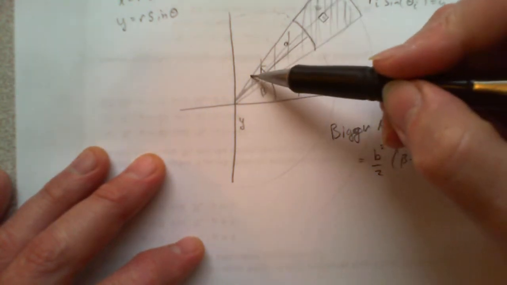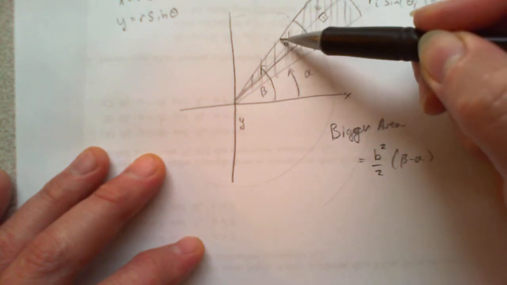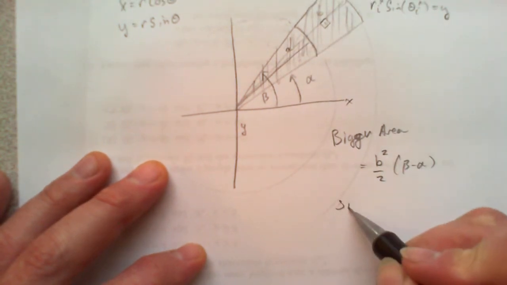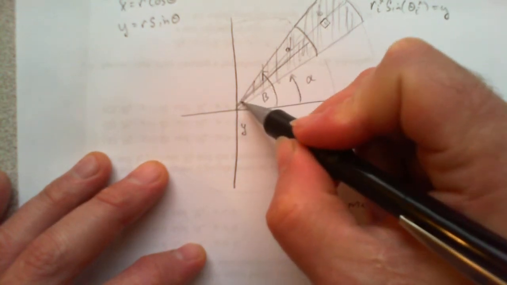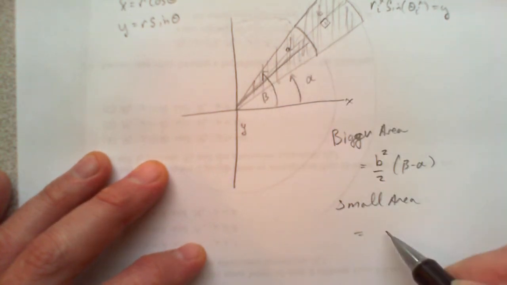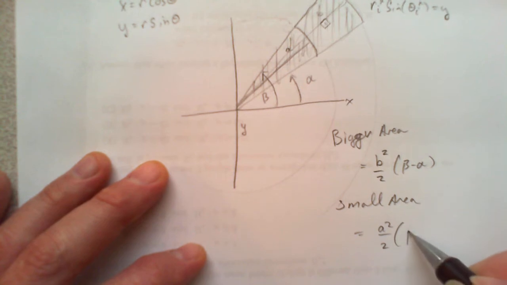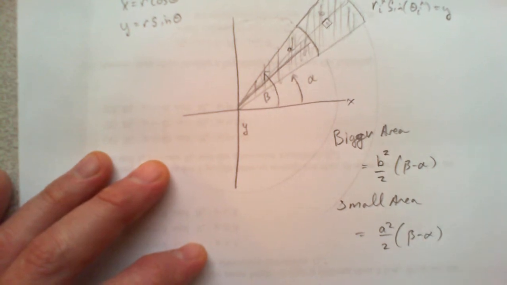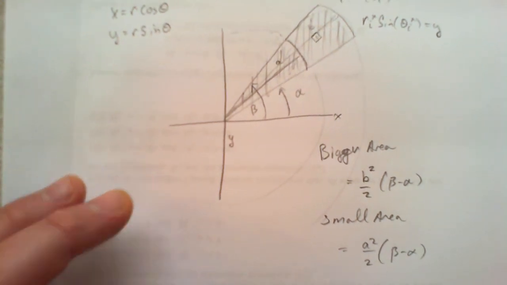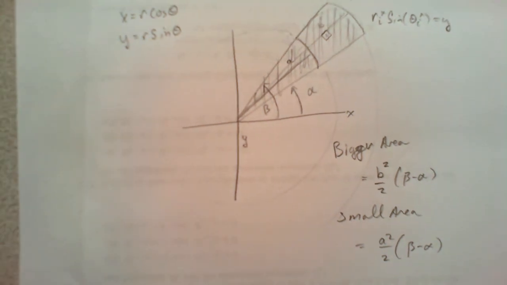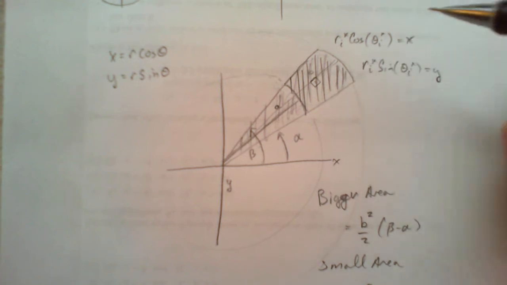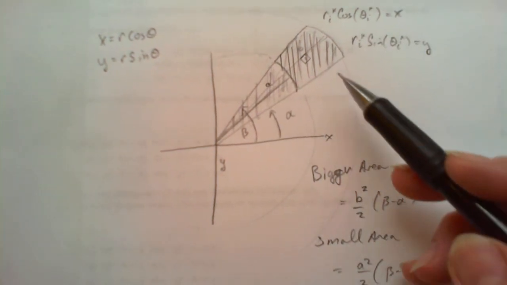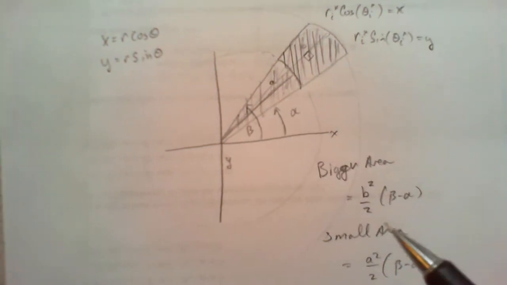The littler one, that smaller area, is the radial distance, which is a squared over 2, times the arc length. So when I combine these two, if I want to figure out the area of just that, you take the bigger one, which is the whole thing, and subtract off the smaller one.